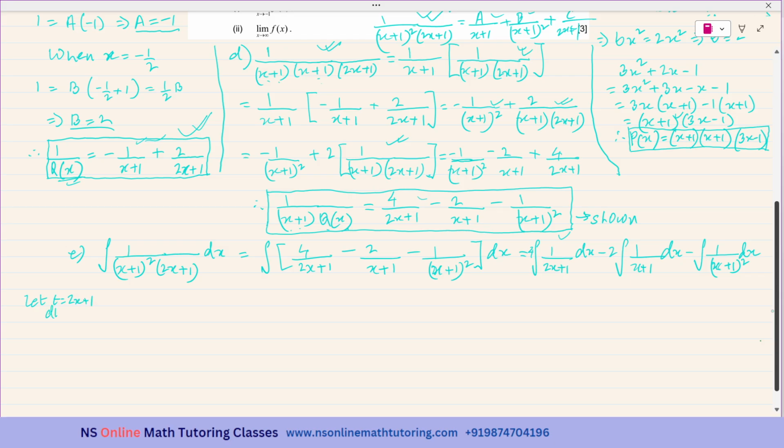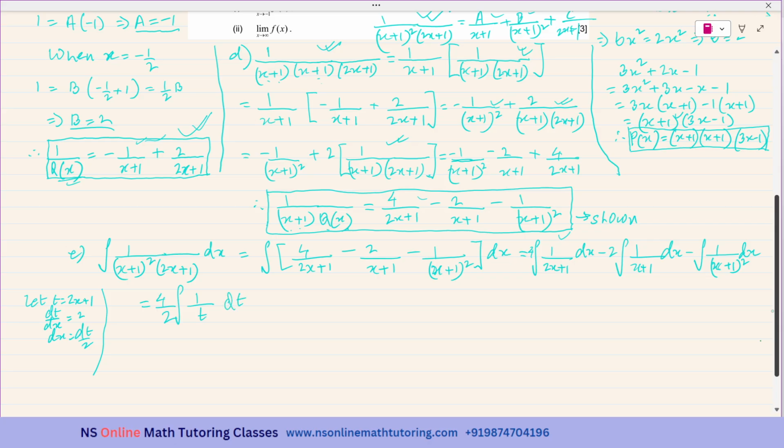So dt by dx will be equal to 2, or dx will be equal to dt over 2. Okay, so this is the rough portion, and so this is equal to 4 times 1 over t, and dx equal to dt over 2. So I can take this 2 outside, 1 over 2 and dt.